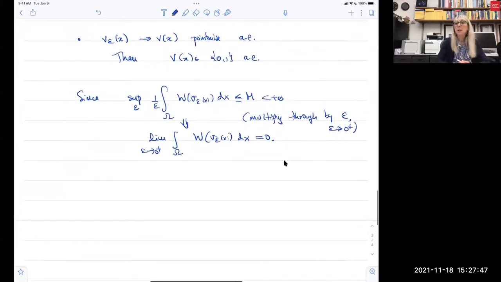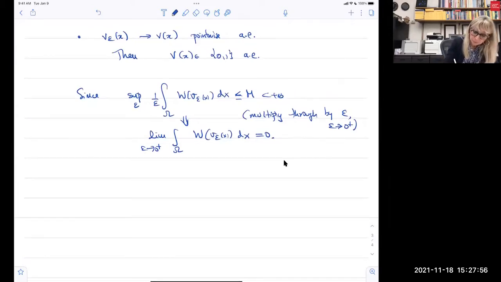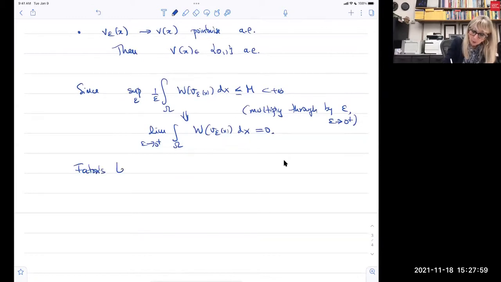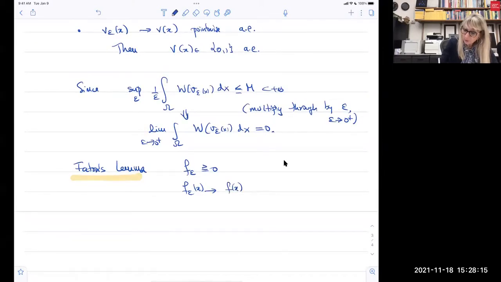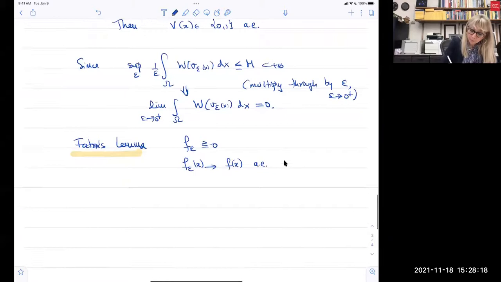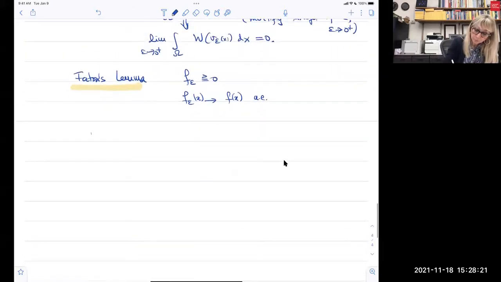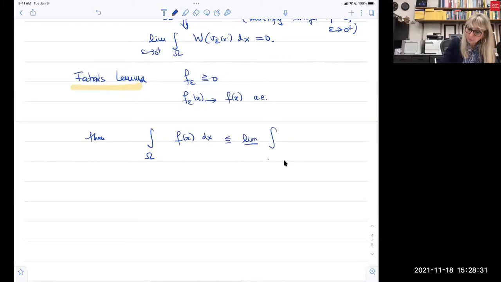And now there is a lemma that most of you, of course, are familiar with from measure theory, which is Fatou's Lemma. Fatou's Lemma tells you that if you have functions which are non-negative, and measurable, and if you have pointwise convergence almost everywhere, then the integral of f is below the liminf of the integrals of the f epsilons.